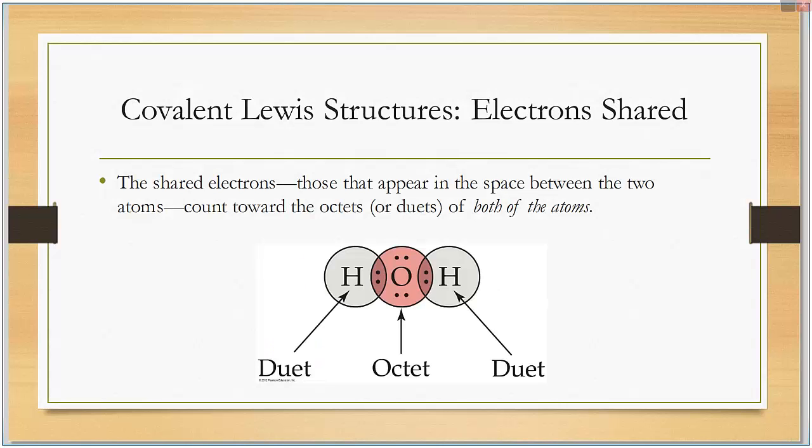The shared electrons, those that appear in the space between the 2 atoms, so right in here, count towards the octets and duets of both atoms. So this circle contains all the electrons that are involved in oxygen, while this circle contains all the electrons that are involved in hydrogen.